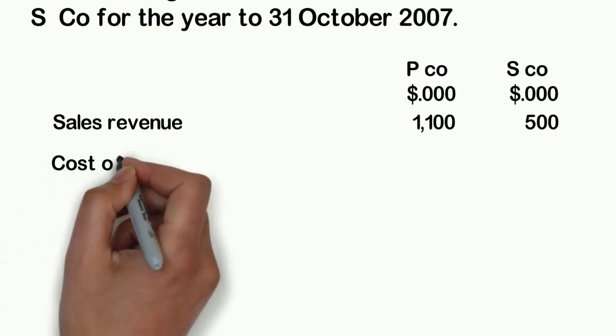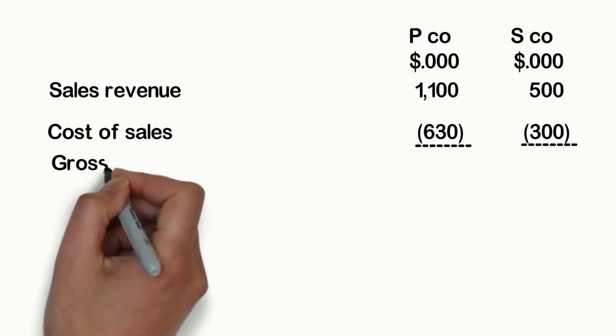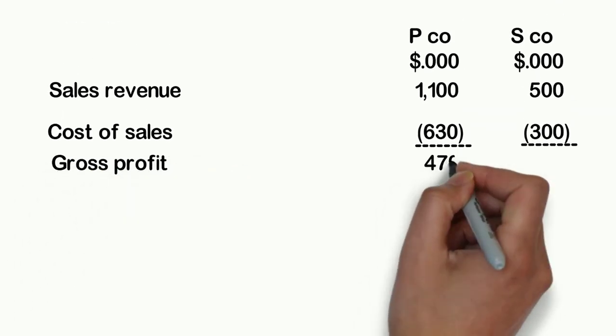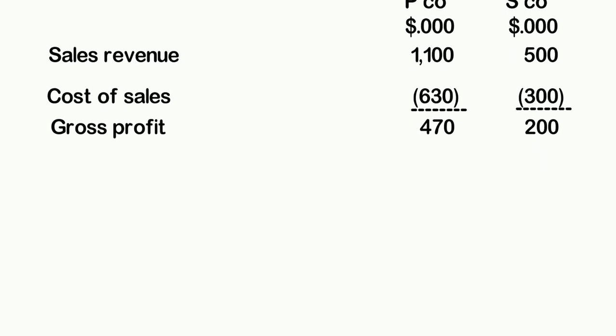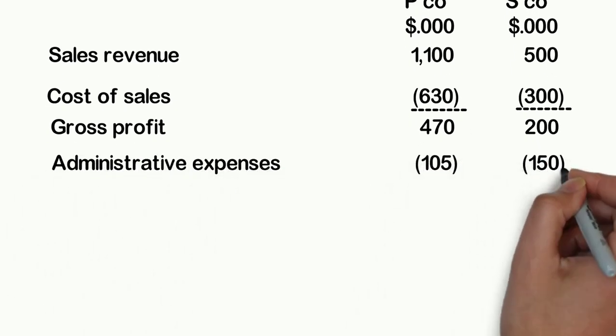Cost of sales are $630 and $300, which gets us the gross profit of $470 and $200 for P and S respectively. Then come administrative expenses that are $105 and $150.